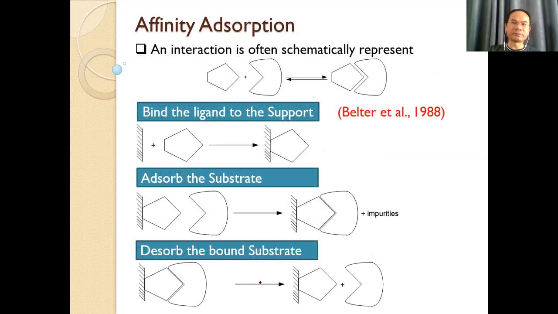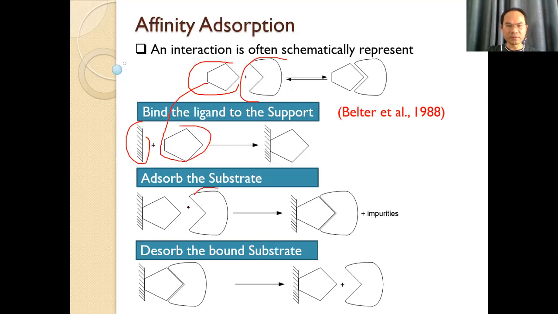For example, I will show you the interaction like this. This is the ligand. In the first step, we bind the ligand to the support, and we get ligand and support. This ligand is specific to the solute.